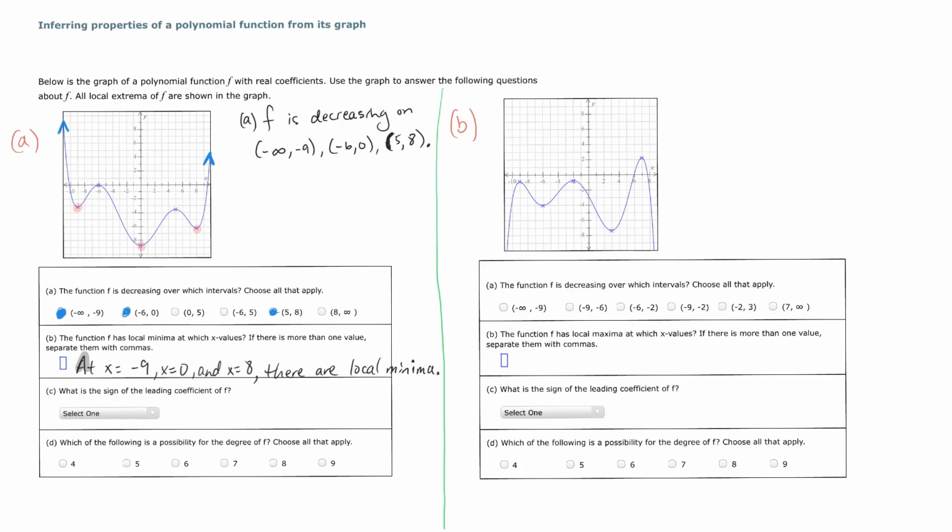What is the sign of the leading coefficient of the polynomial f? In this case, f of x does look like a times x to the fourth, where a is positive. So the sign here is positive.